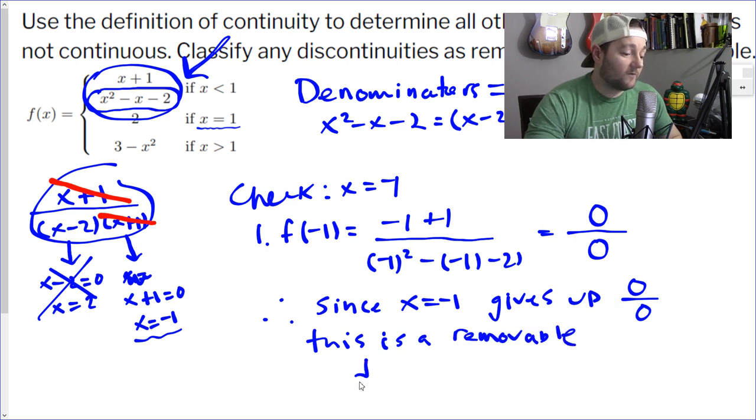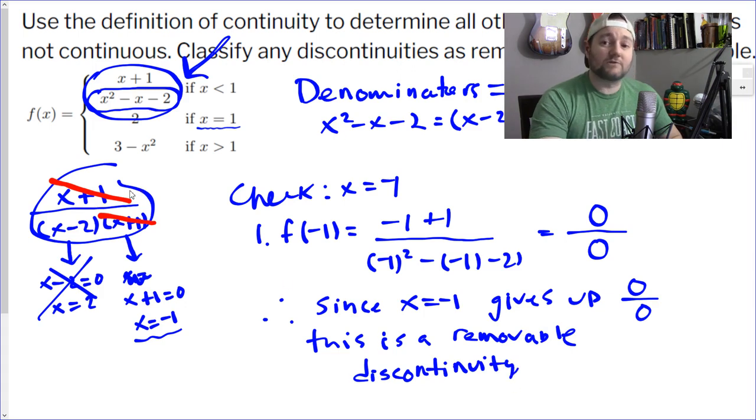And where it gets its name from is the fact that it can be removed. And the only way it gets removed is because of this cancellation.